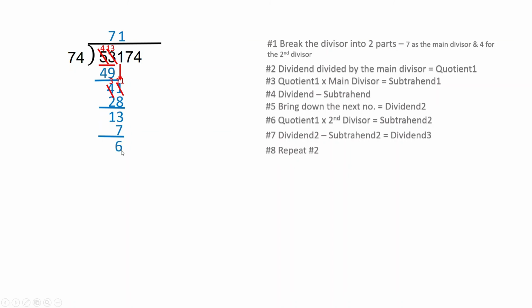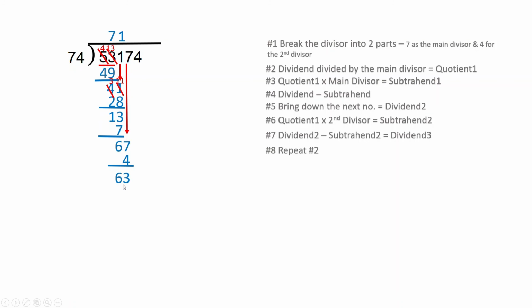So, yung next step naman natin is i-bring down natin yung next number, which is 7. And then, we multiply the quotient 1 to the second divisor na 4. So, 1 times 4 is equals to 4. So, 67 minus 4 is equals to 63.